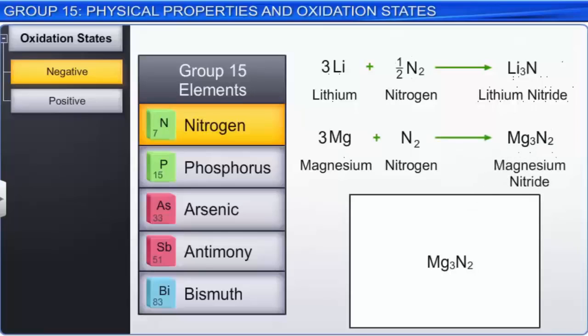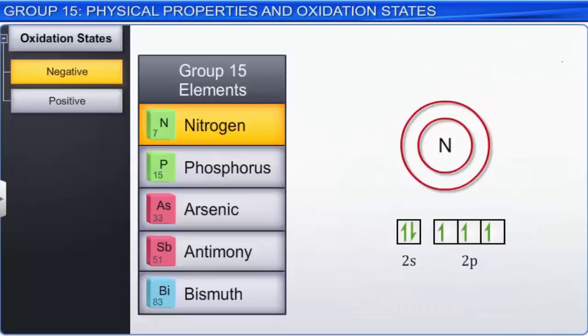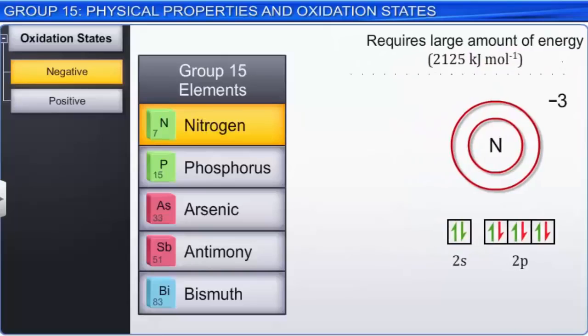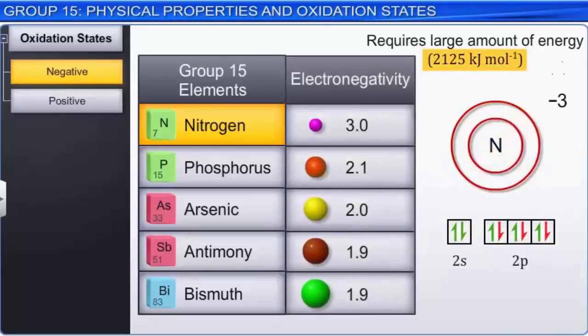Note that a huge amount of energy, about 2125 kilojoules per mole, is required to form a nitride ion, that is, a N-3 ion. In spite of the huge amount of energy required, electron gain takes place in nitrogen because it is the smallest and the most electronegative atom.